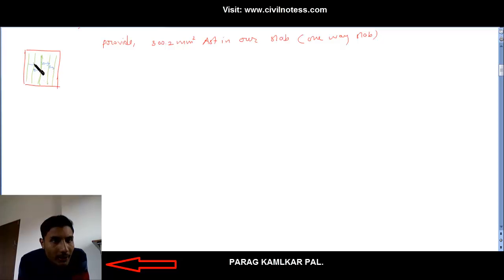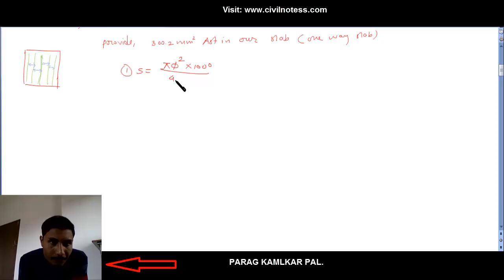This spacing is really very important and we can calculate it in the following manner. In IS code 456, the formula is given. The main formula is pi d square, that is diameter square, multiplied by 1000 upon 4 into Ast.